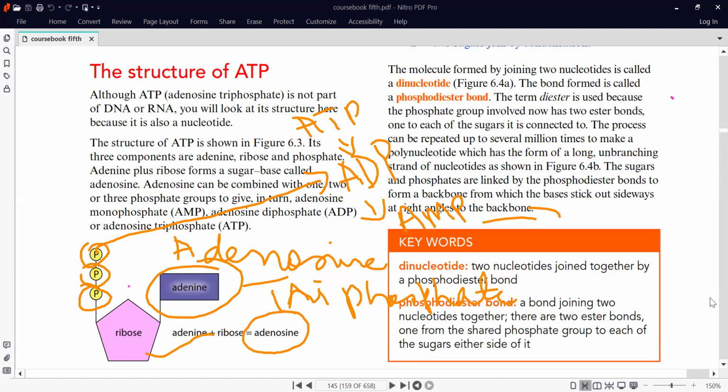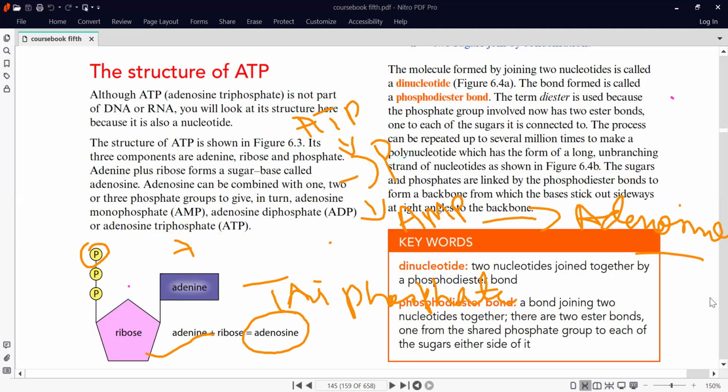When it loses one more phosphate, we call it adenosine. And when we eat something and the body is making energy, again they get their phosphate, then adenosine monophosphate, then one more phosphate, then adenosine diphosphate. Then they get one more phosphate and make adenosine triphosphate. In this way, the structure of ATP is formed.